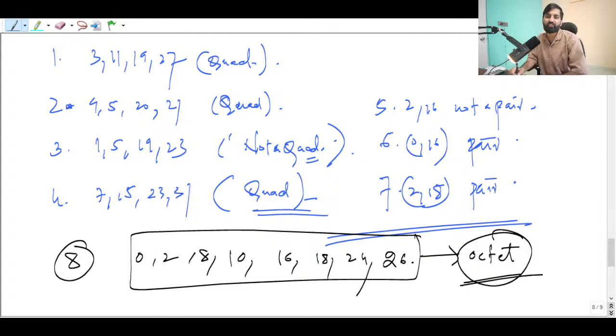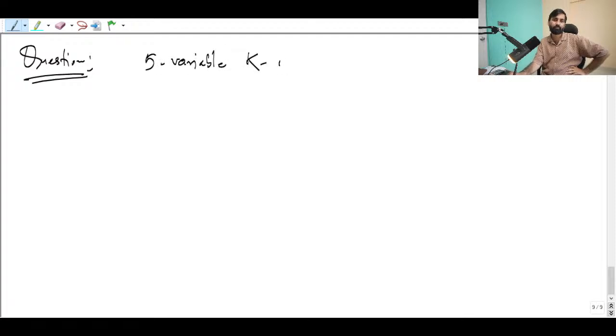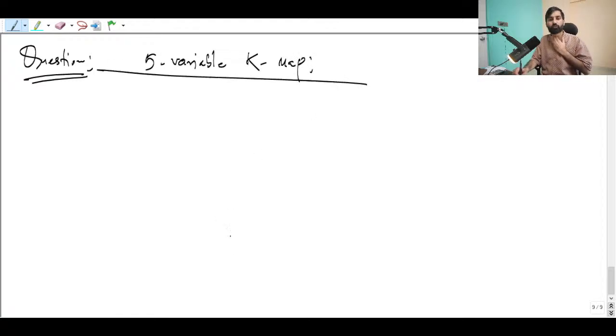Let me take one question so that you can understand what I want to convey. Let me take a 5 variable K map question. In case of a 5 variable K map, I'm just going to take A equal to 0. Suppose the function has 5 variables.